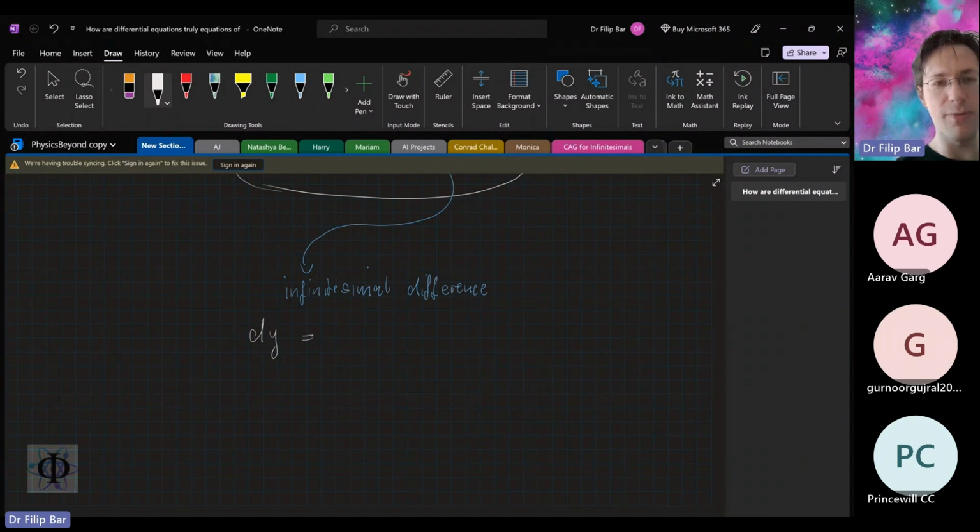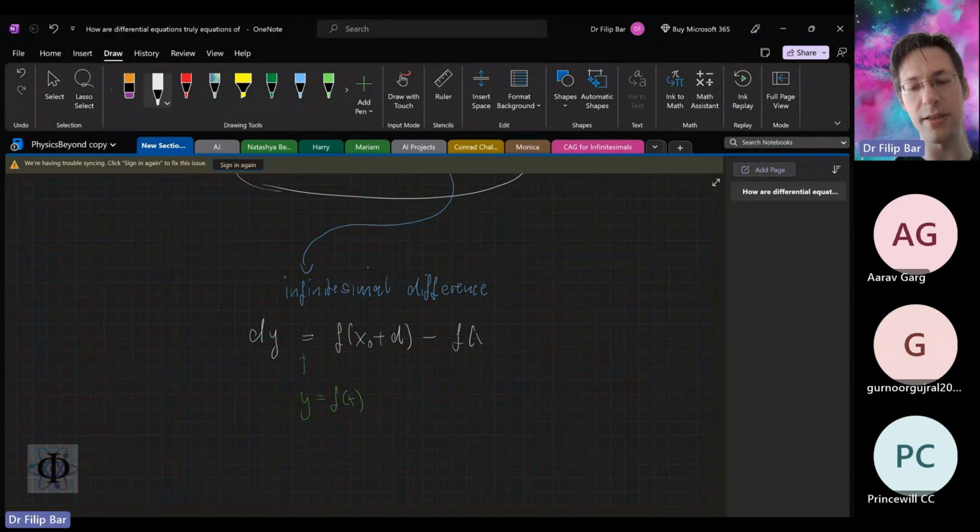Well, usually we write y equals f of x, right? So this is when we think of plotting a graph of a function, I'm writing y equals f of x. So what is dy? Well, that's an infinitesimal difference. What infinitesimal difference? Well, I could look at the value of a function an infinitesimal step d away, and I could subtract the original one, right?